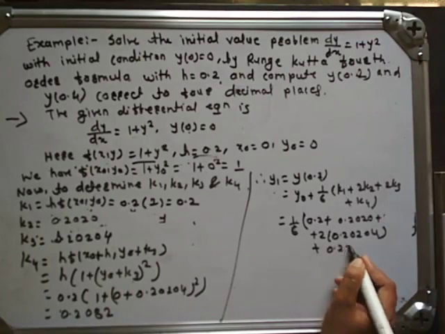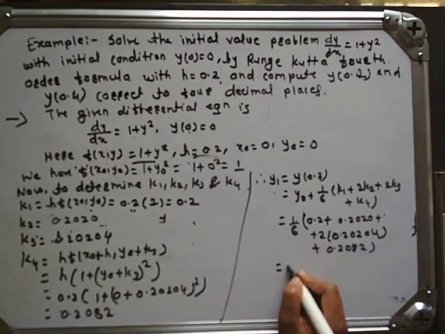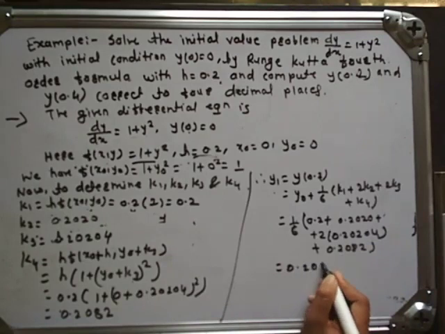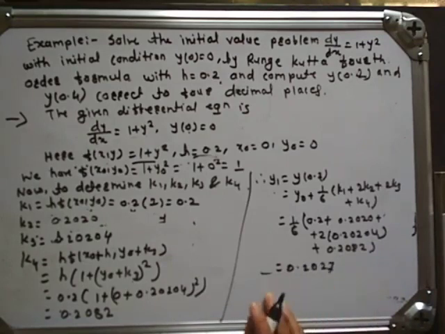This is equal to 0.2027. This is the y1, which is y of 0.2. Now we have to find y of 0.4.